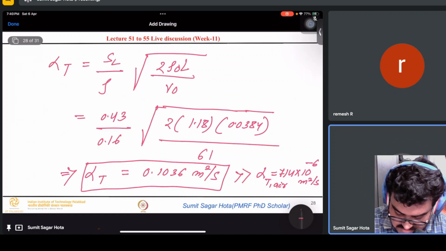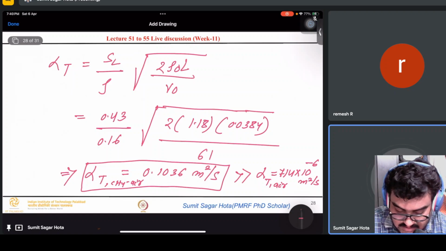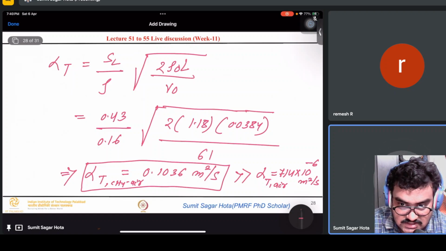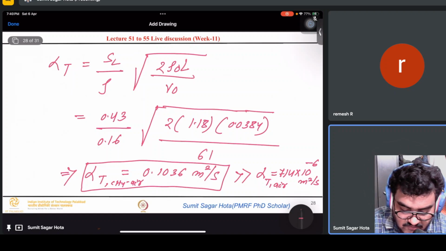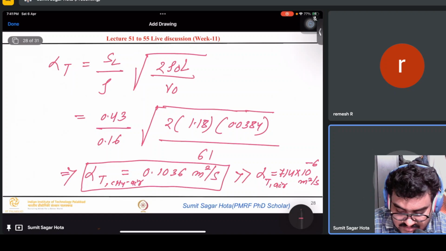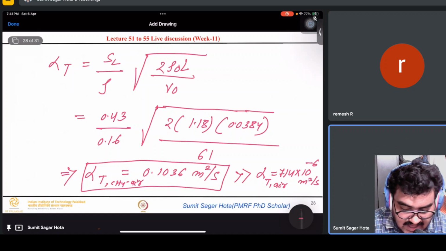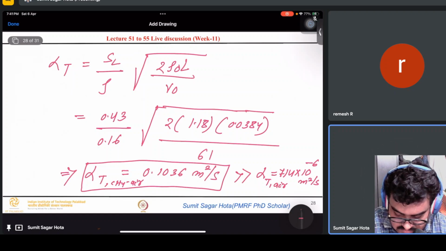What your methane air. Okay, that means you can understand that there will be too much thermal diffusion in place, if there is methane or a fuel, there will be very high thermal diffusivity in the flow blowout condition as compared to if there is only air. Okay, that's the only takeaway from this question.